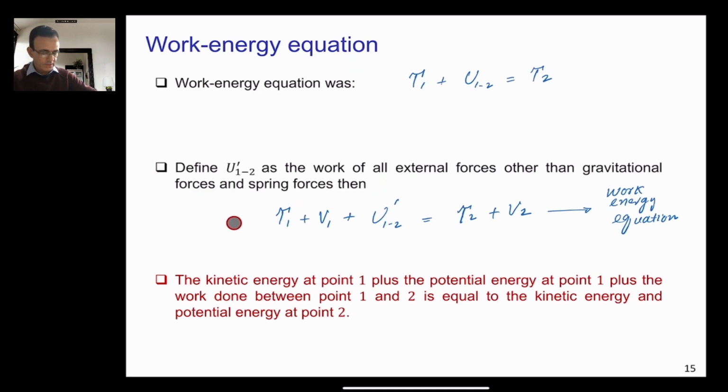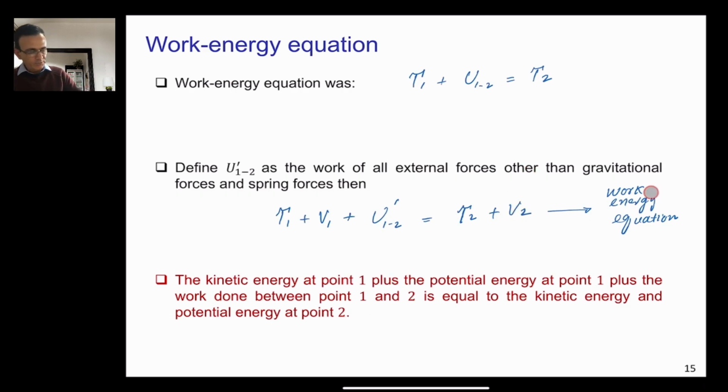So now you can define this equation here: the kinetic energy at point 1, which is T1, plus the potential energy at point 1, which is V1, plus the work done between point 1 and 2, which is this work here, is equal to the kinetic energy and potential energy at location 2, which is this V2.